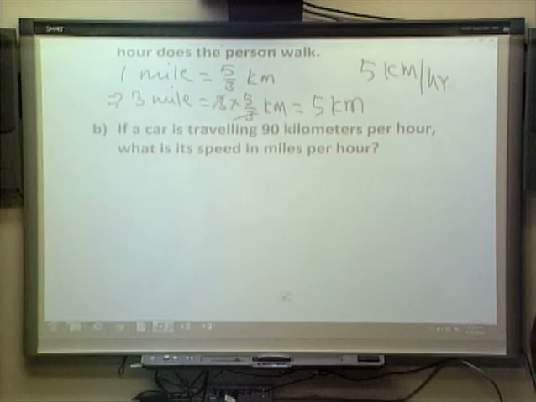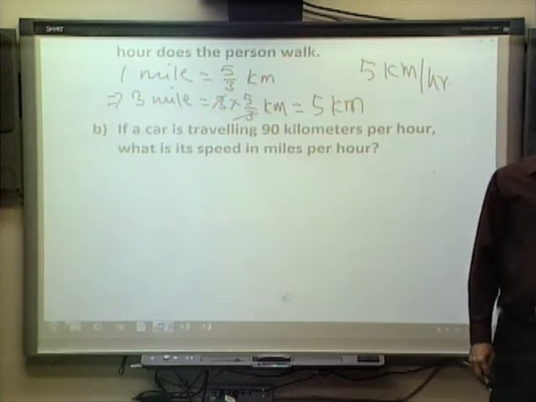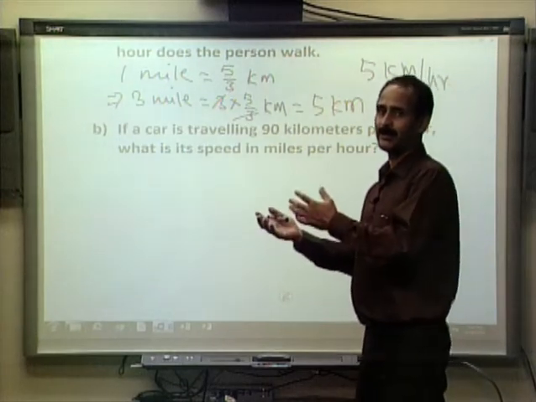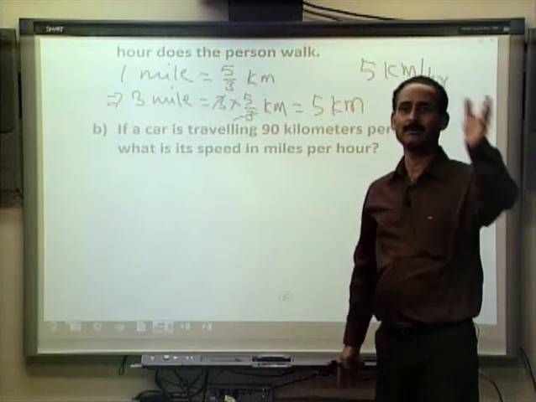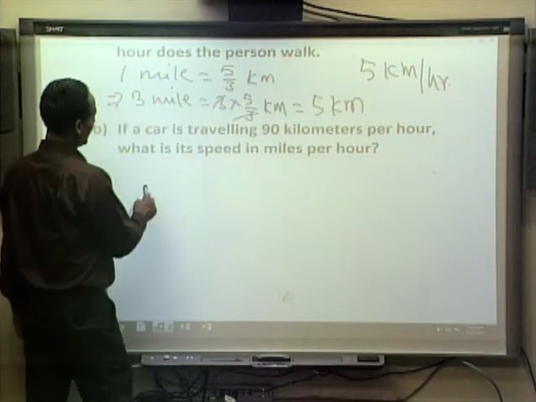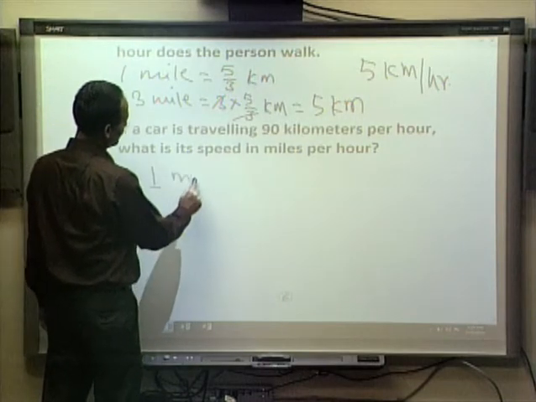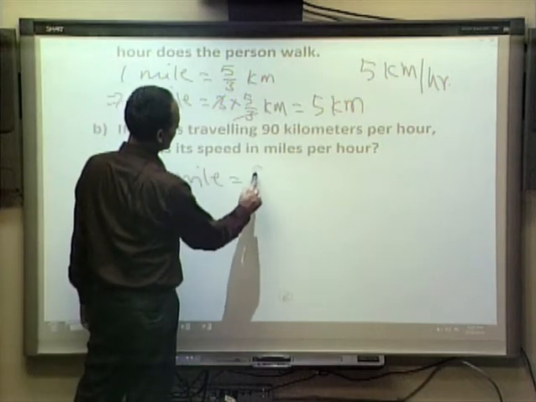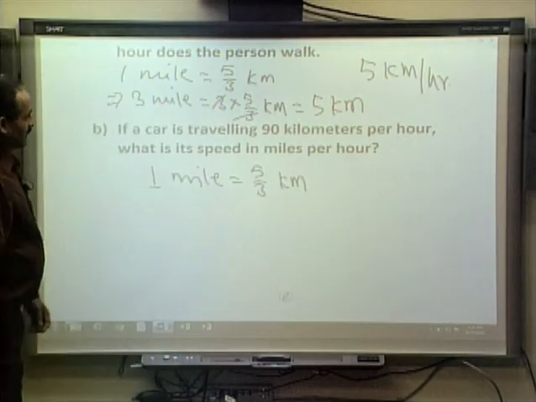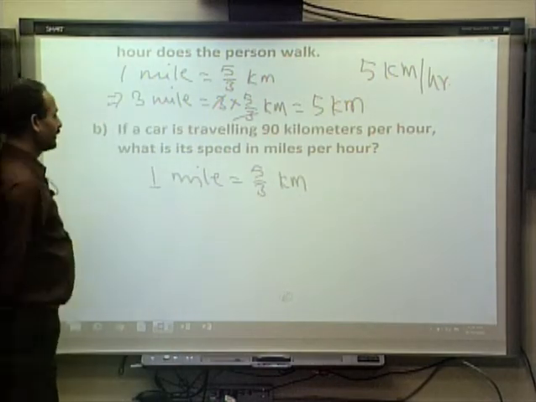Well, another question, a car is traveling 90 kilometer per hour, what is its speed in mile per hour? Now, we want to change from kilometer per hour to mile per hour. In the previous question, we changed from mile per hour to kilometer per hour. So, I will use the same relation, 1 mile is 5/3 kilometer.